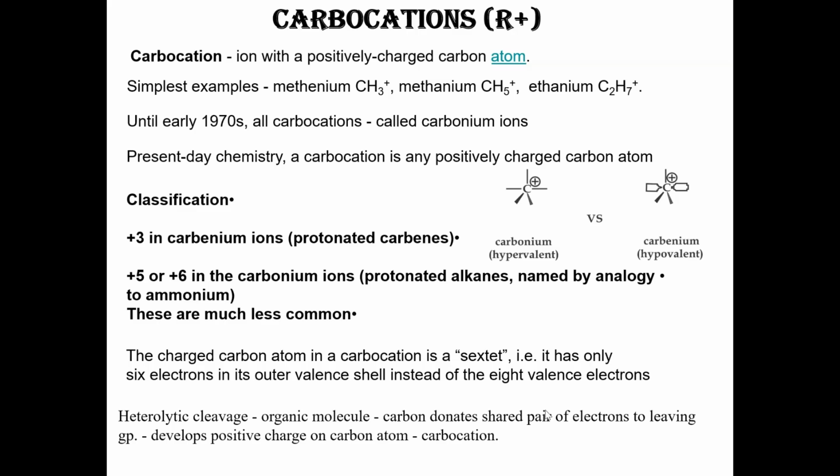When heterolytic cleavage of an organic molecule occurs, the carbon donates the shared pair of electrons to the leaving group, which takes away the electrons and develops a positive charge on the carbon, and this gives rise to a carbocation. Right? The structure of carbocations is the discussion of today's class.